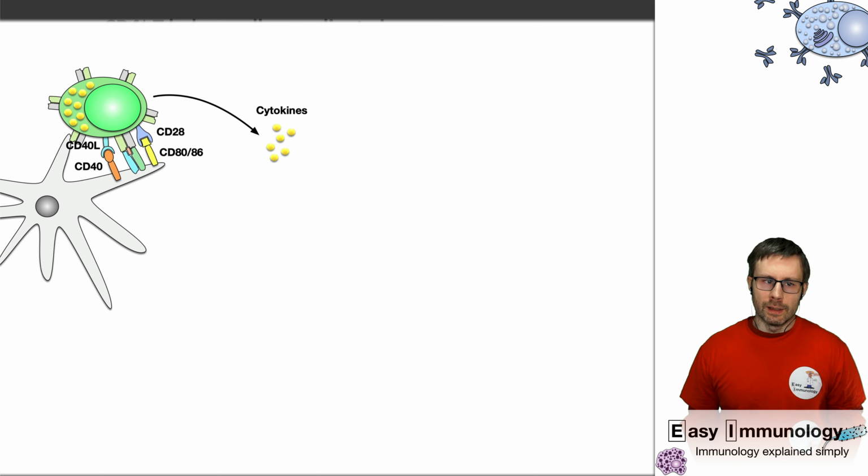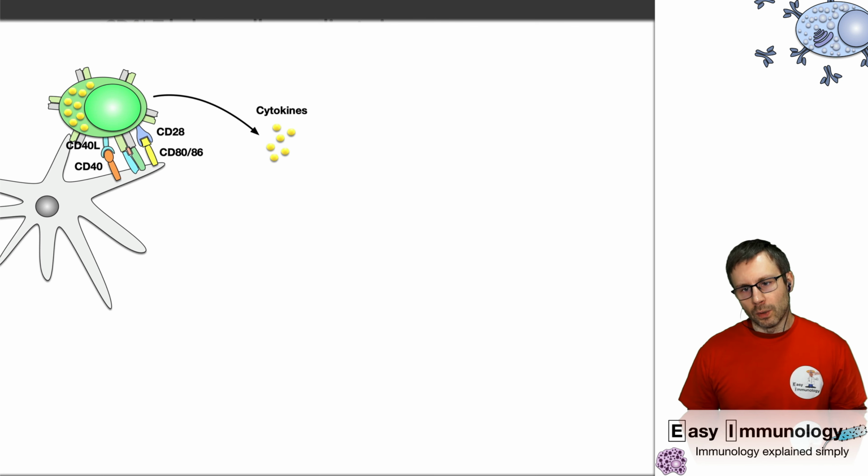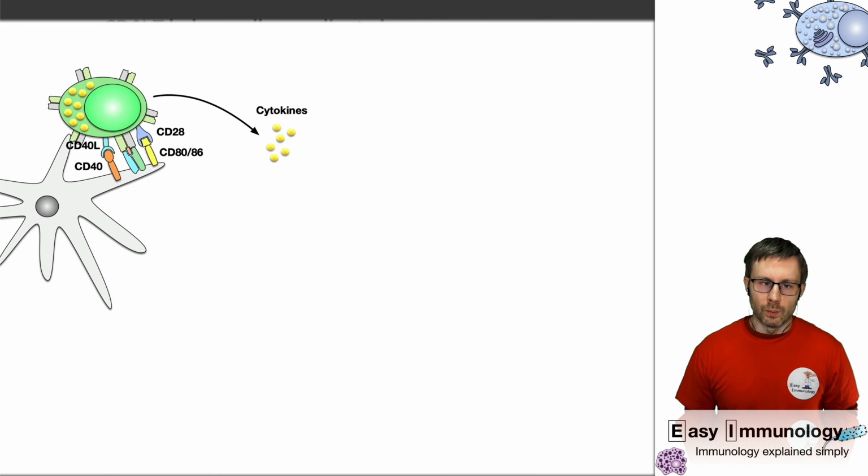But once they are activated by the three signals that we just discussed, they have their main function in producing cytokines. They produce more cytokines and different cytokines than the antigen presenting cell did after activation, and these cytokines are then directing, modulating, and maintaining the immune response.